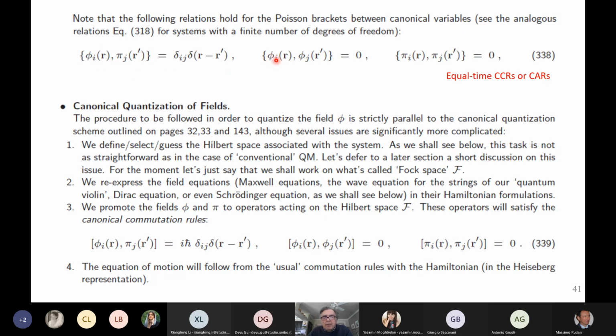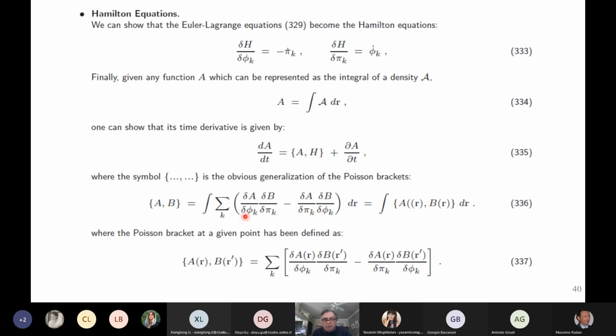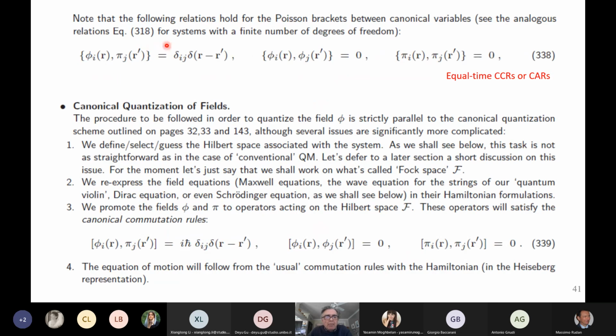For any fields i and j at two different positions at the same time, these are always at the same time, the brackets are equal to 0, except when I take the Poisson bracket between phi and pi for the same field i. And this comes immediately from the definition of the Poisson bracket density. You can verify it immediately.